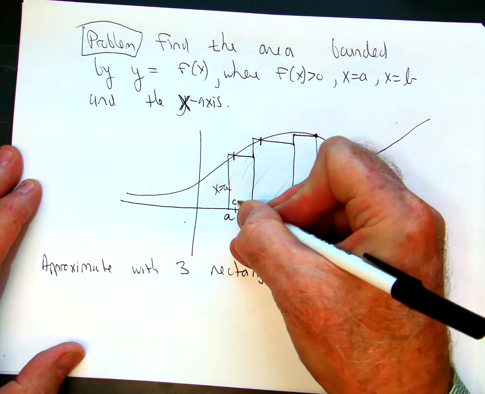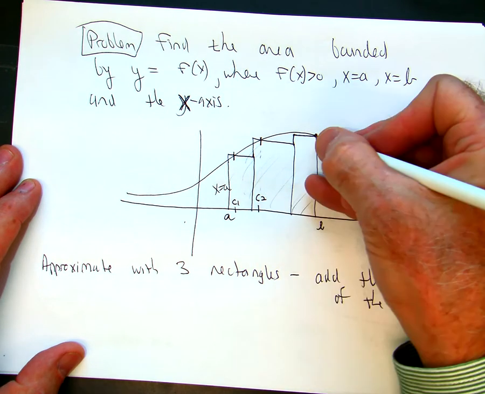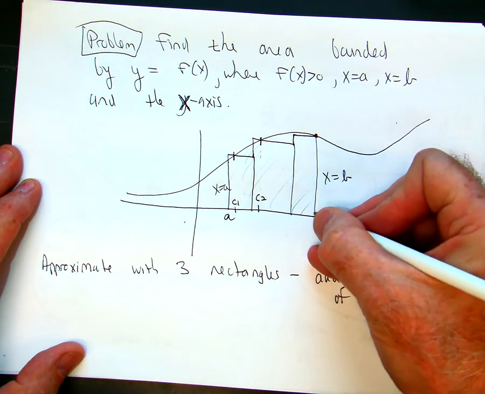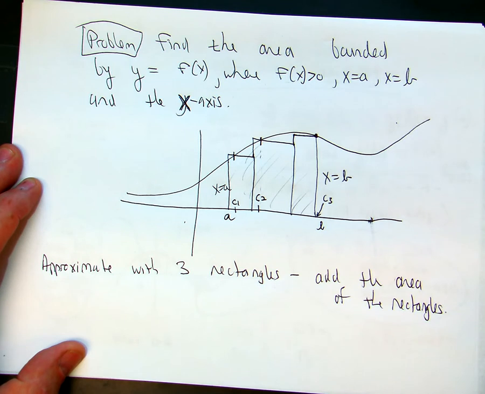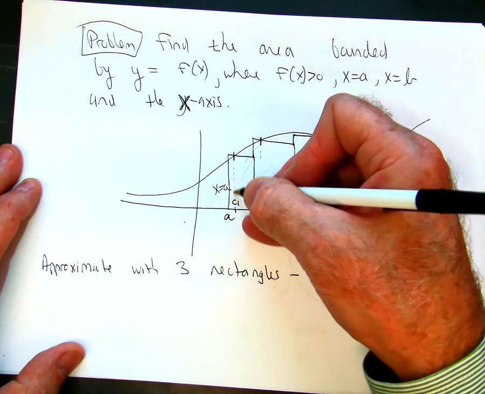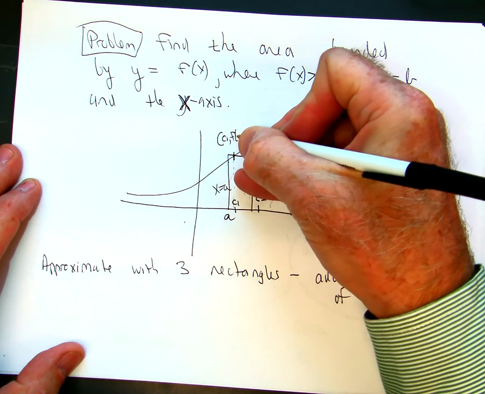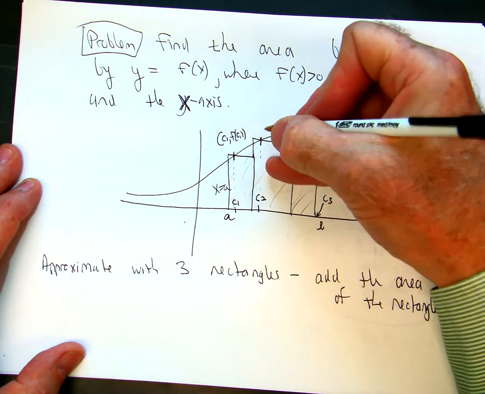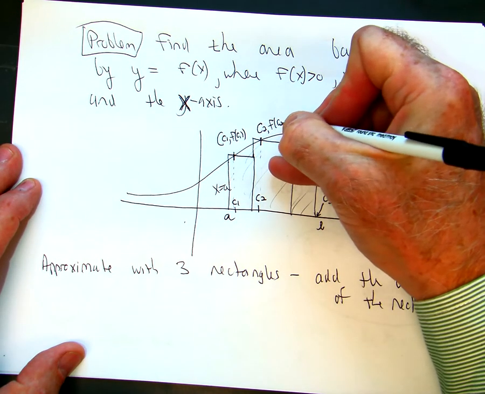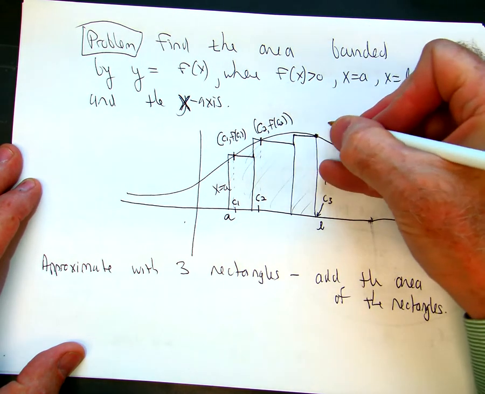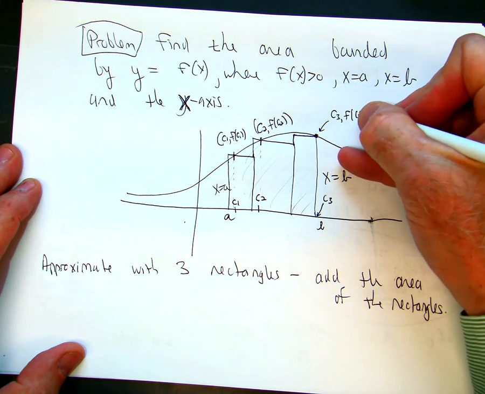I'm going to call those points C1, C2, and C3. Notice that this point here is C1, f of C1. There's a lot of notation. This point here is C2, f of C2. This point here is C3, f of C3.